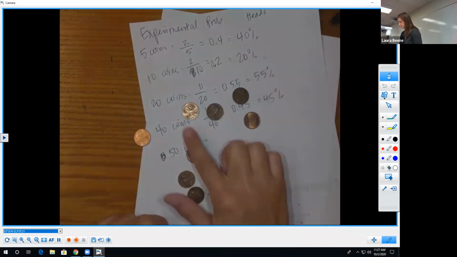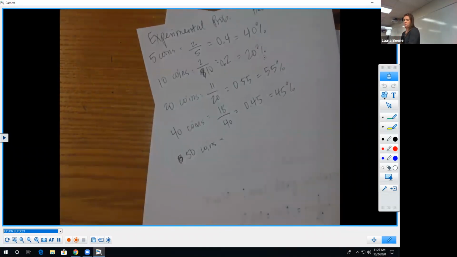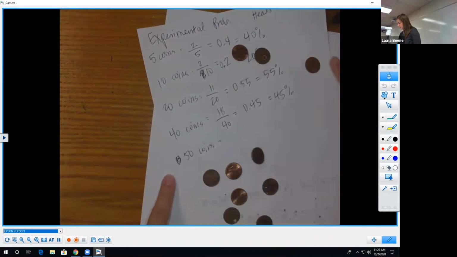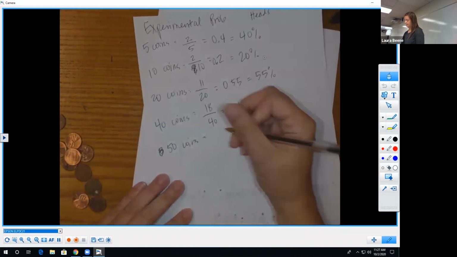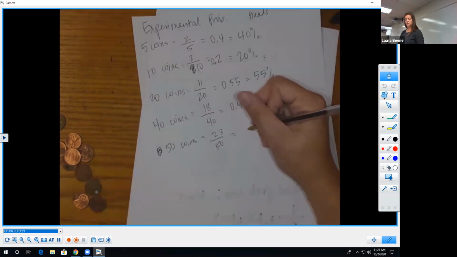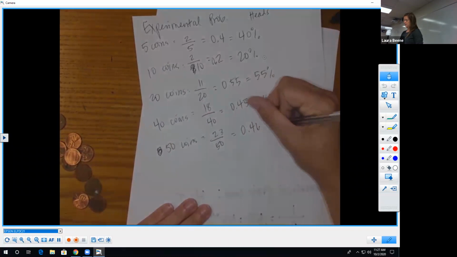I need to do 2 more. 14, 15, 16, 17, 18. That's 4. I need to do 1 more. It's funny that I got 18 exactly, same as last time. And 19, 20, 21, 22, 23. So 23 out of 50. 23 out of 50 would be 46, sorry, 0.46, which would be 46%.